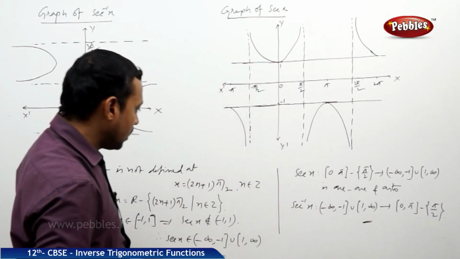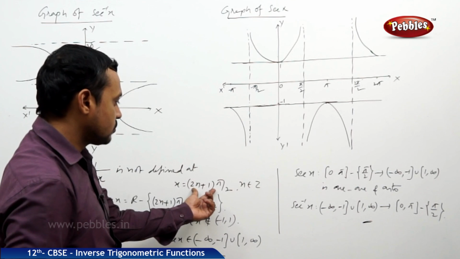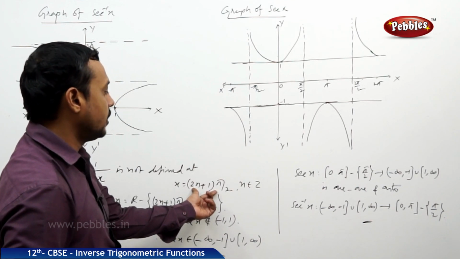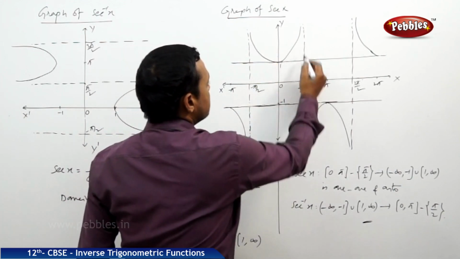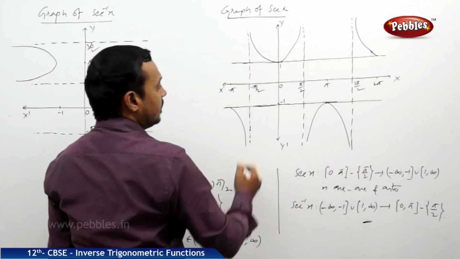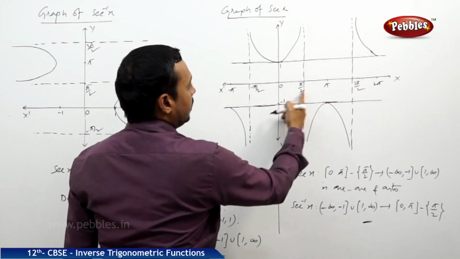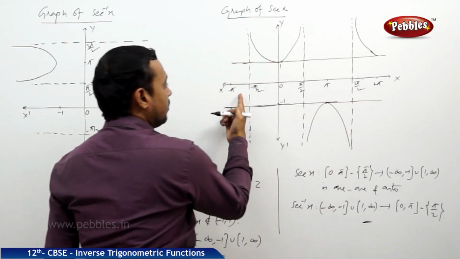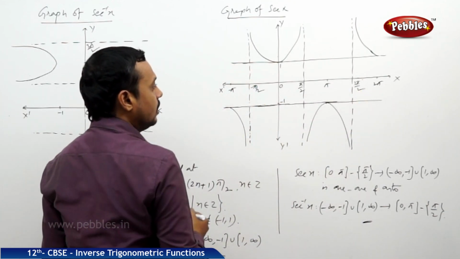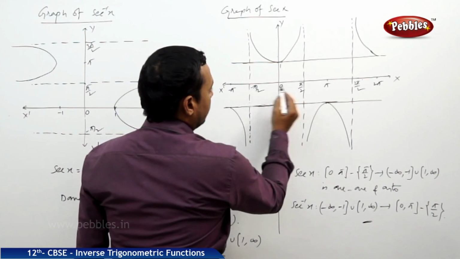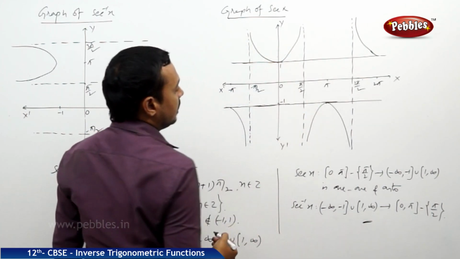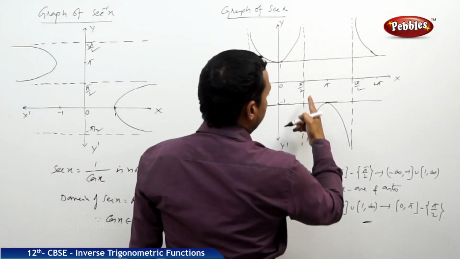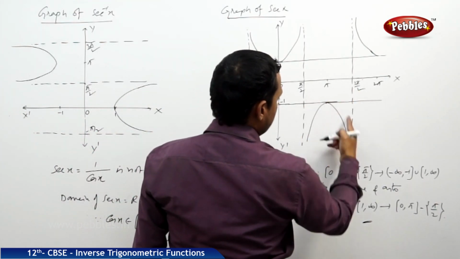At odd multiples of pi by 2, that is 2n plus 1 pi by 2, secant x does not exist. So consider the vertical lines at the odd multiples of pi by 2: 3 pi by 2, 5 pi by 2, similarly minus pi by 2, minus 3 pi by 2, etc. Between minus pi by 2 and plus pi by 2 the secant x graph is like this, and between pi by 2 and 3 pi by 2 it is like this.